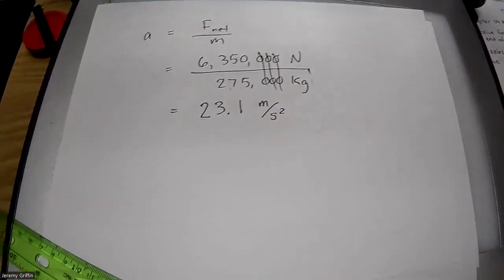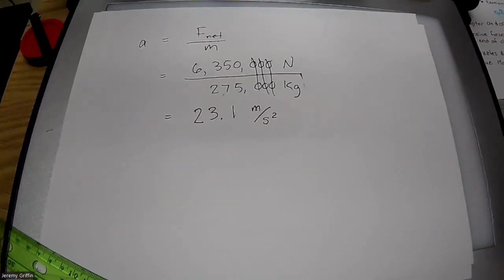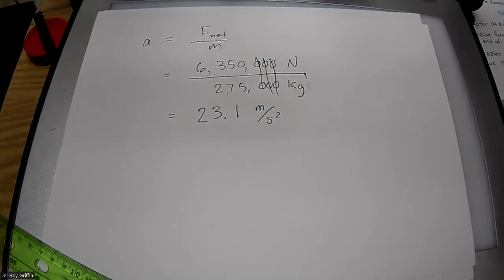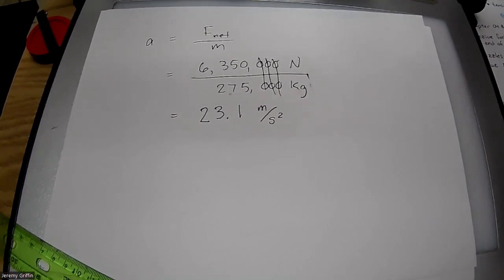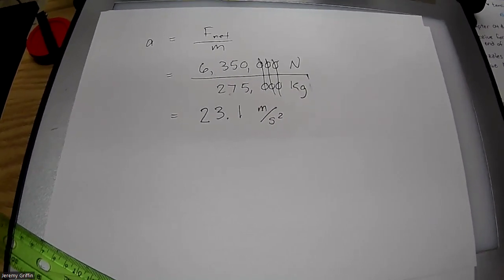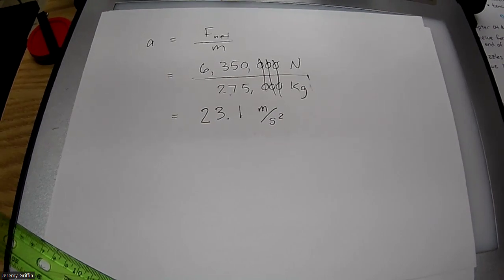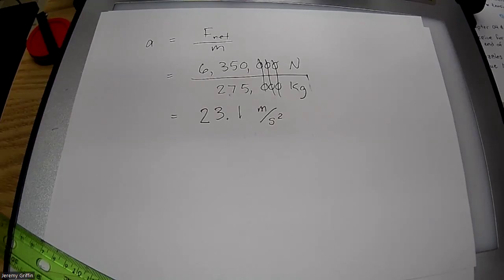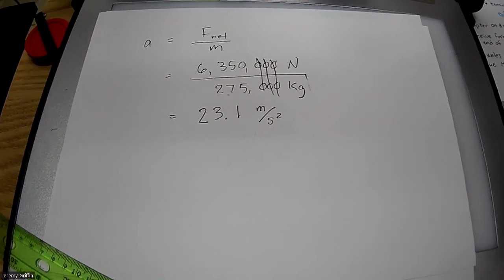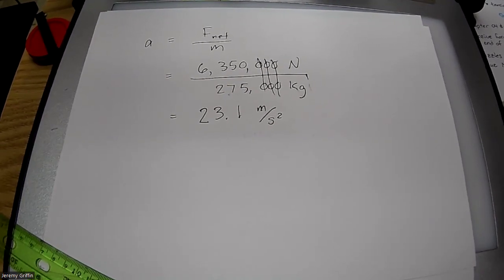Okay. Now, pause right here. When you're solving physics puzzles, it's good to pause from time to time, make sure you're on track, your numbers making sense. Guys, if you were riding inside that jet, how much acceleration is that? Like how many G's is that about? How much is 1 G? How many meters per second squared? About 10, right? And this is like 23 meters per second squared.